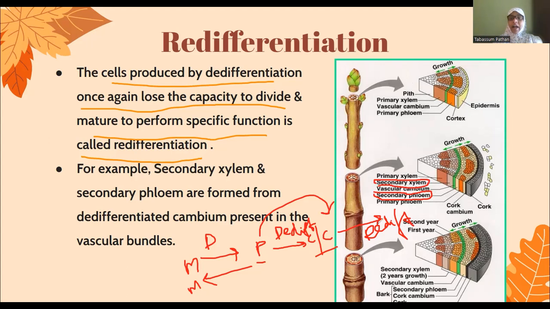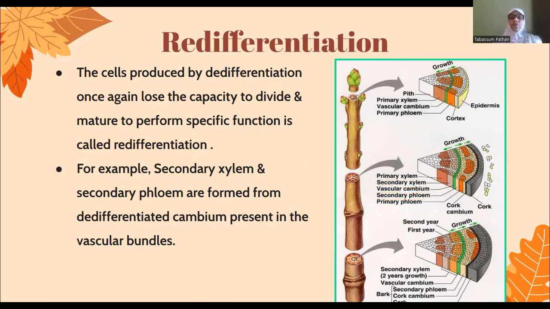Secondary xylem and secondary phloem are formed from the already de-differentiated cambium present in the vascular bundle. So you understand these three processes: differentiation, de-differentiation, and redifferentiation. That's all with regard to these three terminologies.